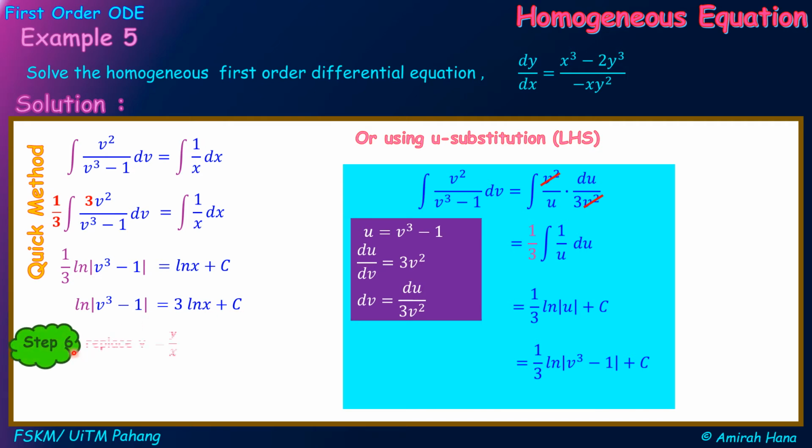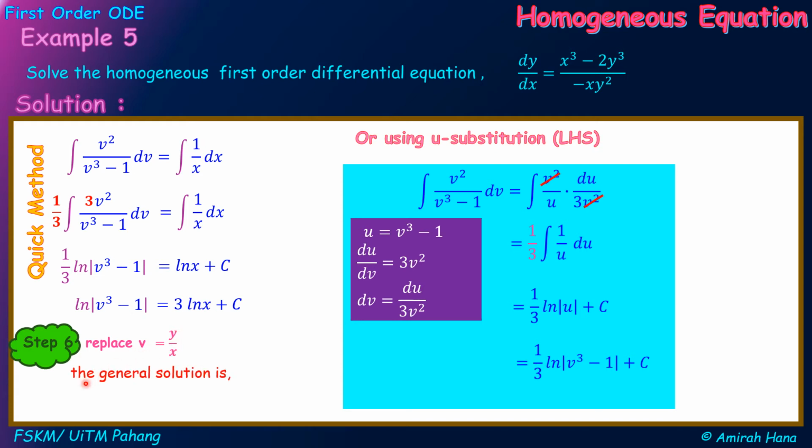Then we continue with step 6. We replace v with y over x, because from the previous slide, our y equals vx. So when we write v as the subject, we have v equals y over x.